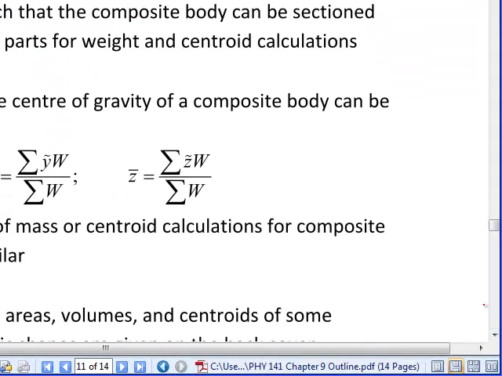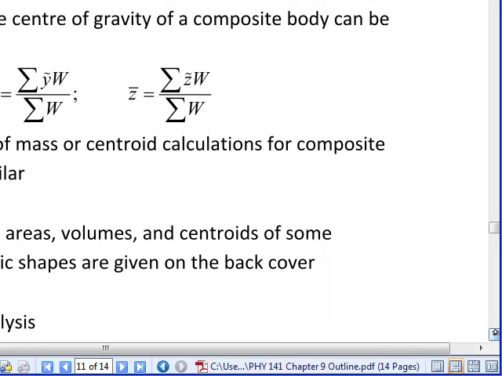So these are done for weights. If we do the centroid of mass, or centroid of volume, or centroid of area, or centroid of length, they're all going to be similar. Note also that areas, volumes, and centroids of some common geometric shapes are given on the back cover of the text.